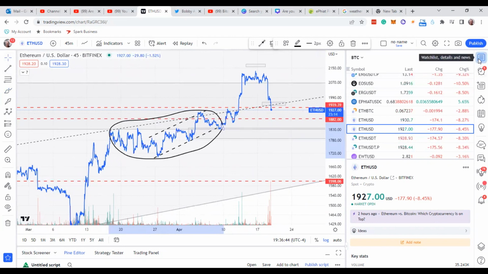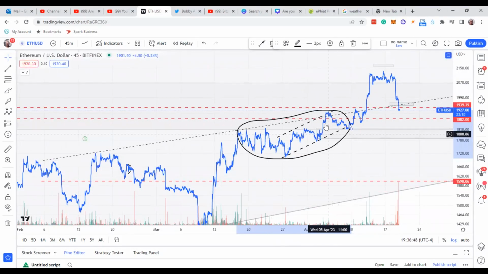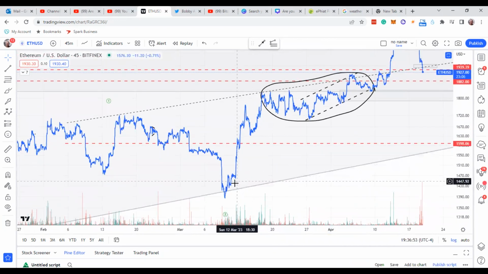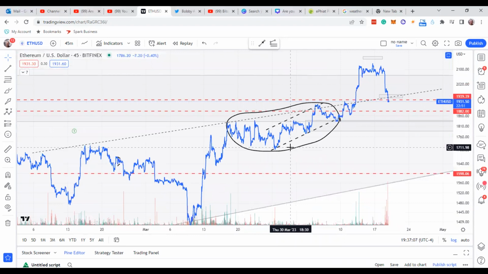I'll show you some stuff that I'm looking at here with Ethereum, because this has always thrown me off a little bit. Here's Ethereum's wave pattern right here, guys. It's 1, 2, 3, 4, 5, and you've got divergence from that peak to that peak. So you've got a clear impulse move right there, and then it comes into this section right here. I'm going to take that off for now.